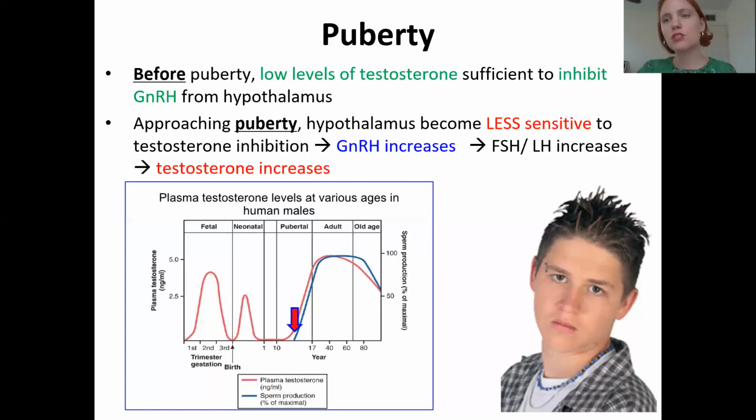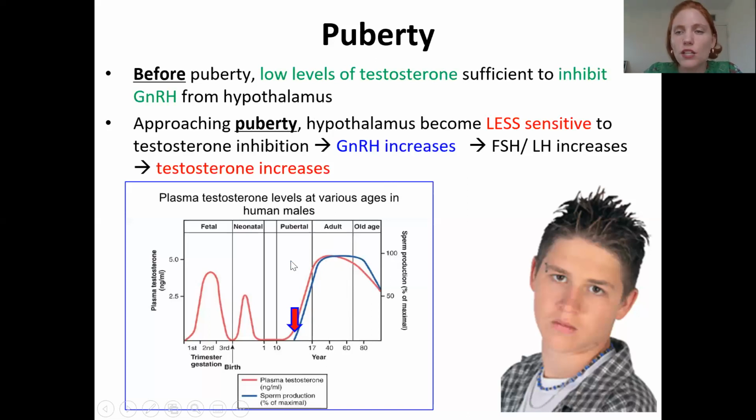So you're not going to be producing any sperm until puberty. And at that point, because of the changes that happen in the hypothalamus, where it becomes less sensitive to testosterone, that's when you're going to have the increase in follicle-stimulating hormone. And as the levels of follicle-stimulating hormone increase, then your levels of sperm production will also increase.